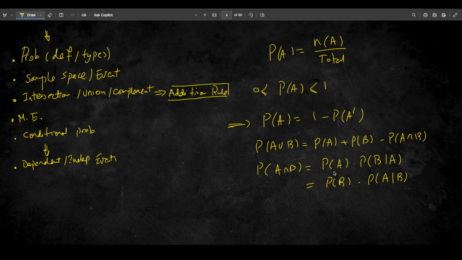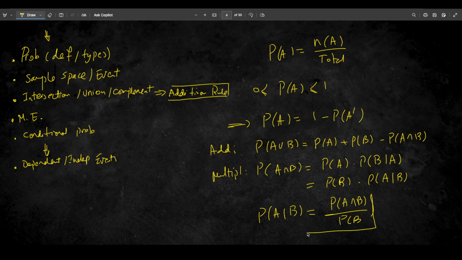Let me see. Yes, that's correct. Okay, both of them. So this is the addition rule and this is the multiplication rule. We also know that conditional probability of A given B equals probability of A and B over probability of B. Okay, that's a quick recap of whatever we talked about.